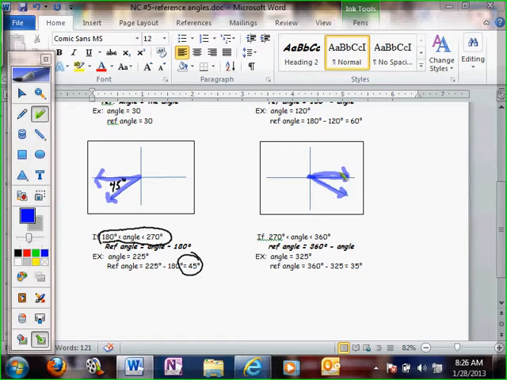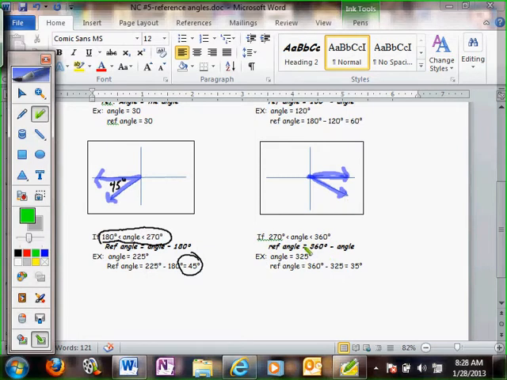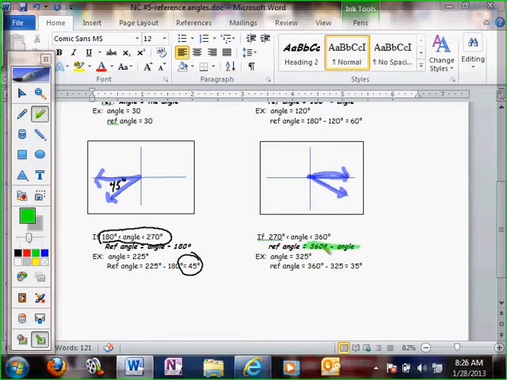Now what I'm highlighting here is showing you geometrically what I'm talking about. This is just the simple rule you plug a number into. What I'm trying to show you when I'm highlighting these blue angles is what I'm talking about geometrically. Okay? But it's very easy to find the reference angle if you can tell, okay, my angle is 325.